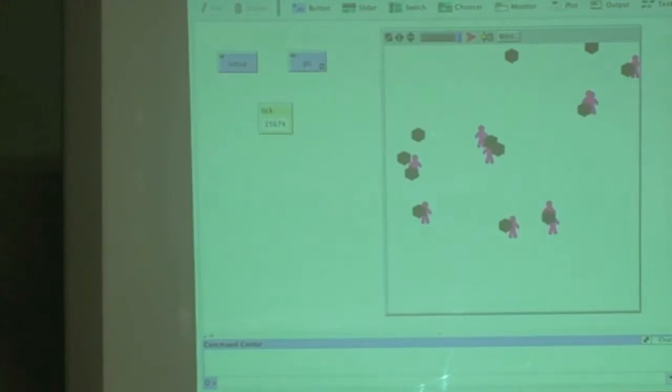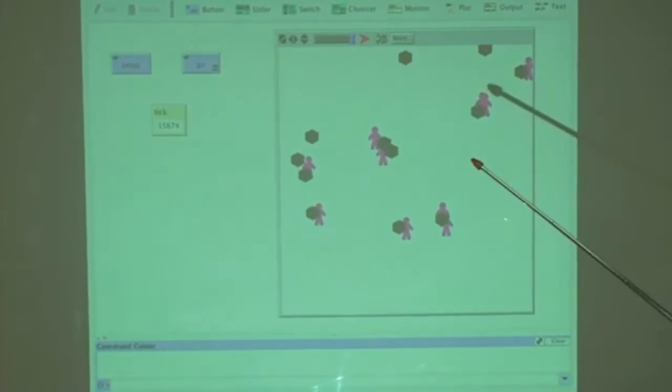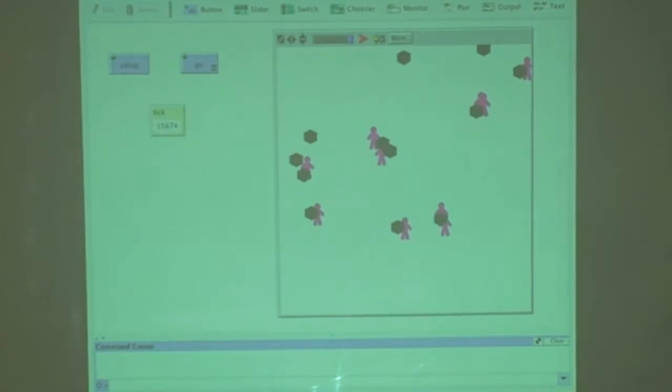All agents finished their shoppings. The simulation tick is 15,674, and in this simulation, the customers search the shop randomly and have visited the same shop twice and 3 times.